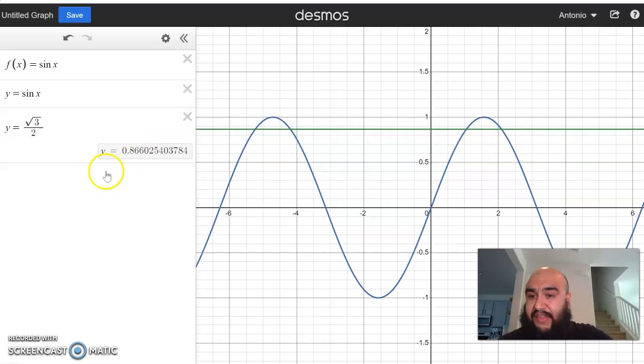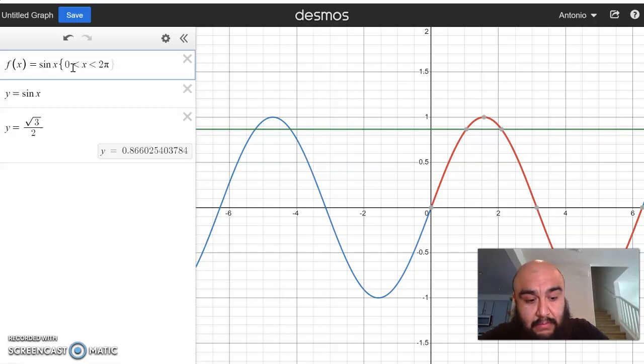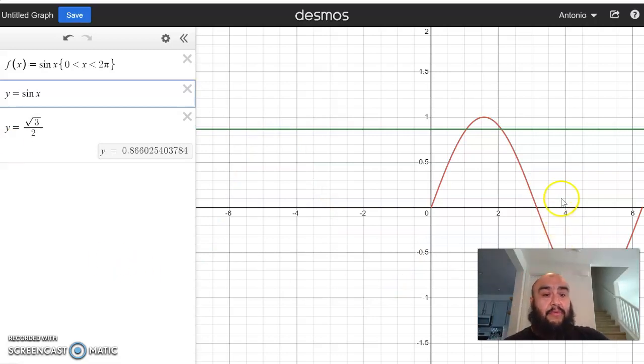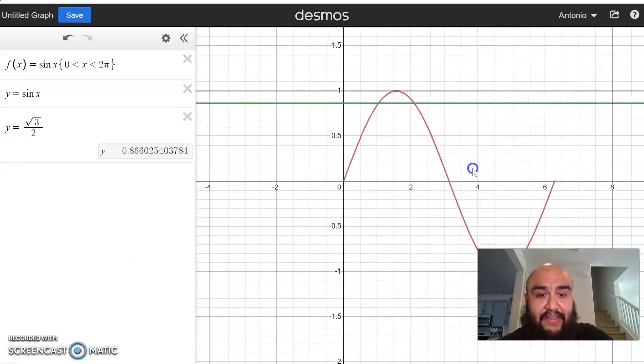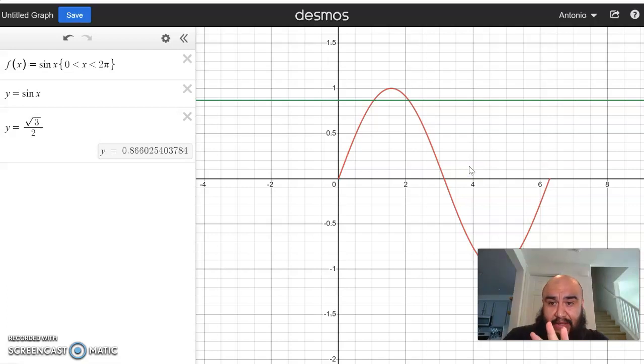What if I simply want to restrict my domain to be, let's say, between 0 and 2 pi? Get rid of this one for now. And that's what we see here: the graph between 0 and 2 pi. That's my restricted domain, and I want to find all the solutions there.